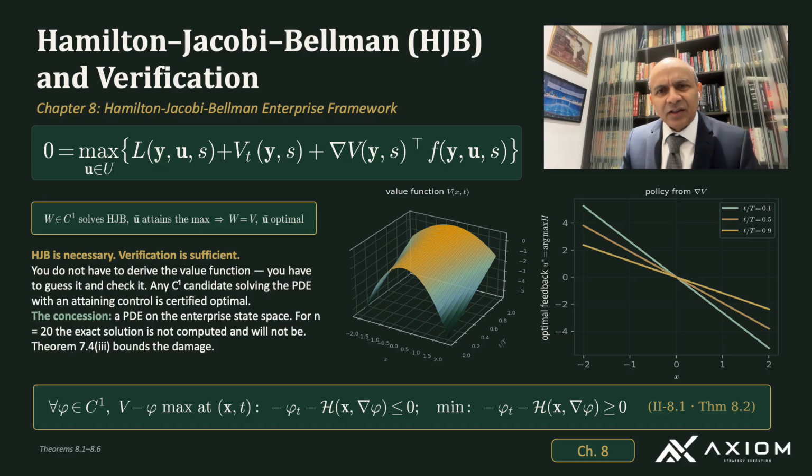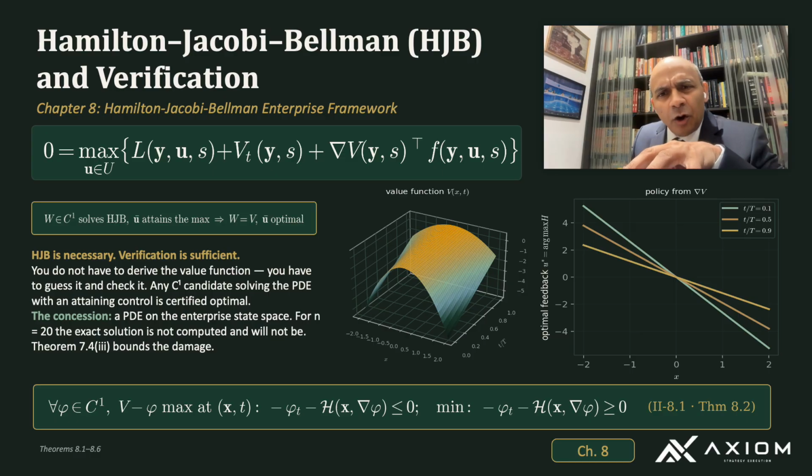The framework's answer is structure: linear quadratic reductions, where the declaration permits decomposition along the dependency graph of volume 1, and function approximation. But it should be recognized that the exact HJB solution of a full enterprise GEOP is not computed. Too many dimensions. What is computed is a structured approximation.